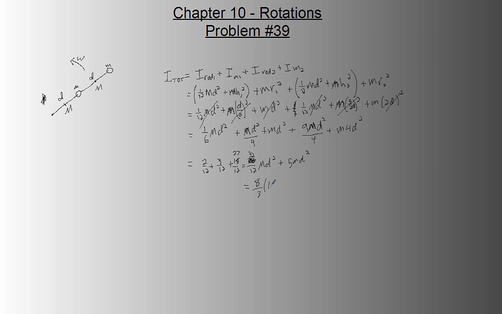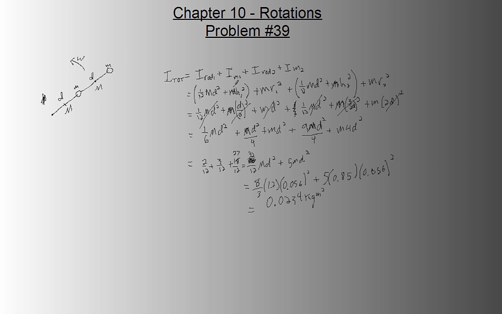And then big M is 1.2, and d is 0.056 squared, plus 5 times little m, which is 0.85, as can be seen in the book, times 0.056 squared, and that equals 0.0234 kilogram meter squared.